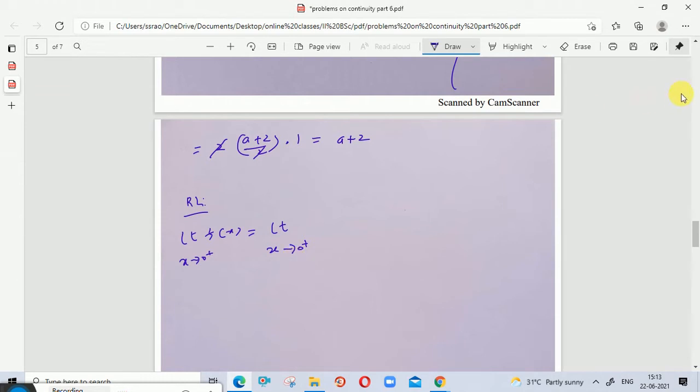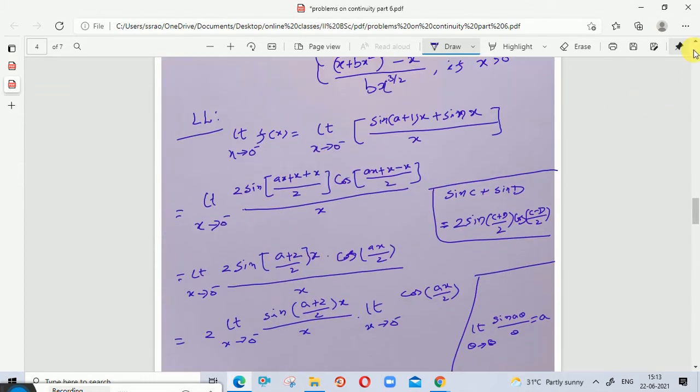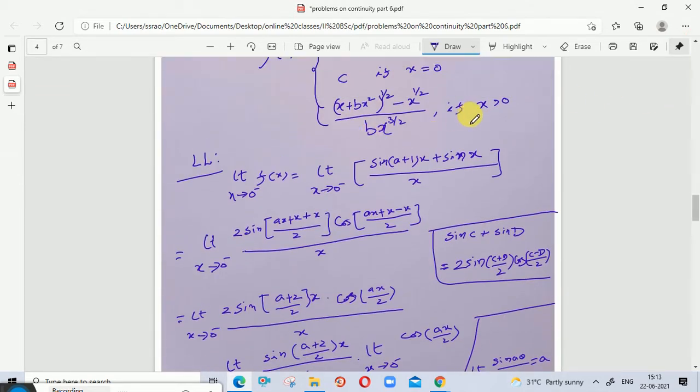When x is greater than 0, what is f of x? If x is greater than 0, f of x is equal to ((x plus bx squared) to the power half minus x to the power half) divided by b times x to the power 3 by 2.